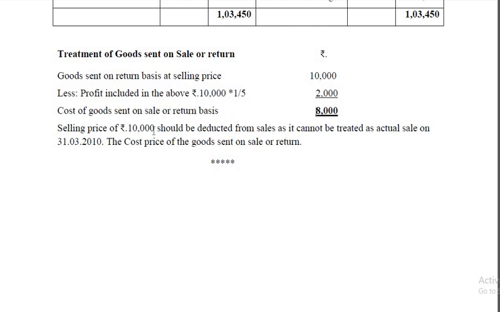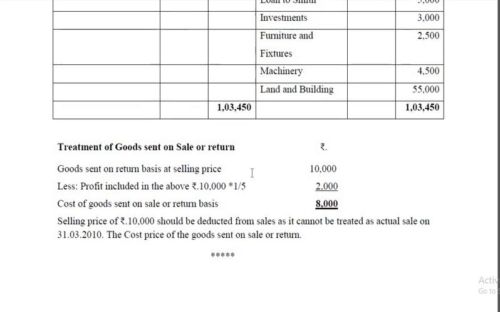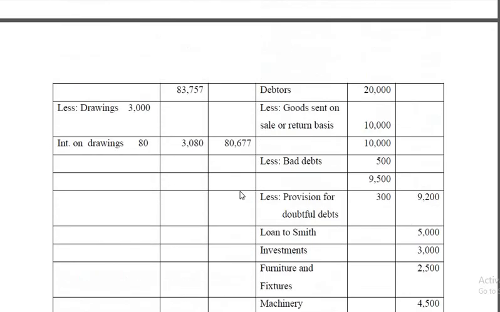Selling price of rupees 10,000 should be deducted from sales, as it cannot be treated as actual sale on 31st March 2010. The cost price of the goods sent on sale or return basis is 10,000. Sorry, 10,000 minus 2,000, it is 8,000. So it should be added to closing stock in trading account as well as in the balance sheet.